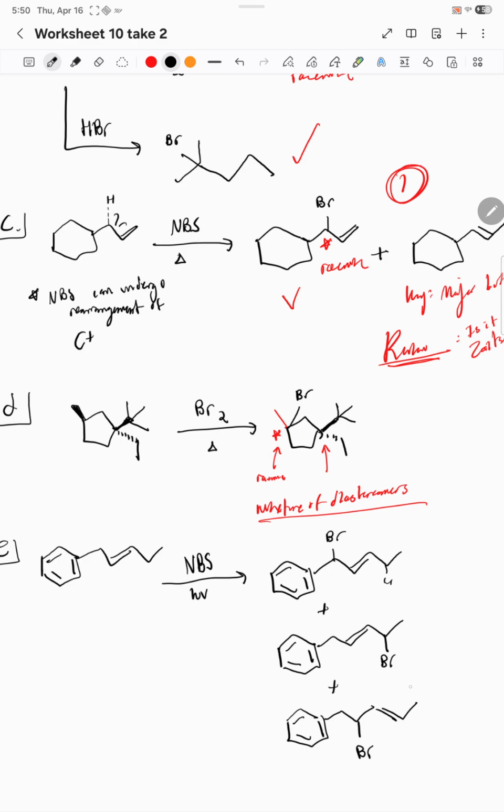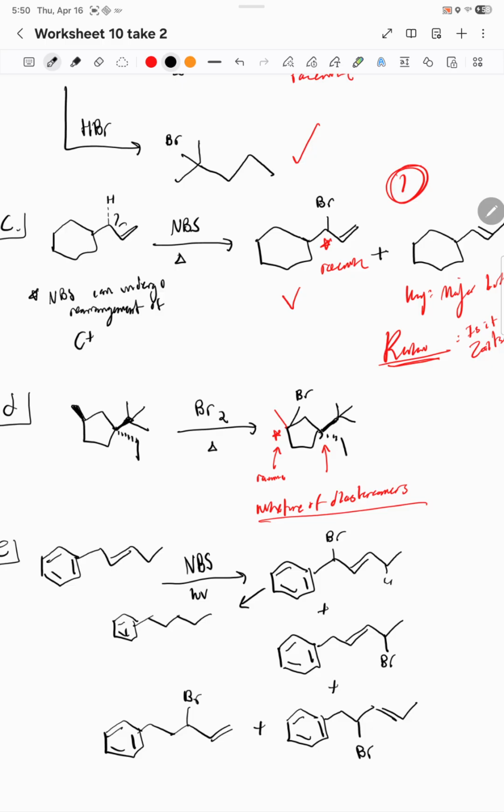But is that it? This is a tricky problem, because say we were to keep on pushing those electrons, we would get many possibilities. But that's only half the story, because this here can also undergo more rearrangement.